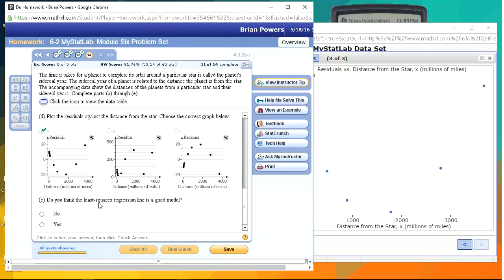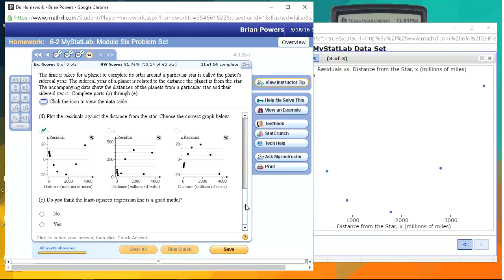Now, this normally is an indication. Do you think the least squares regression line is a good model? The one reason to say it's not a good model is because of this shape in the residuals.